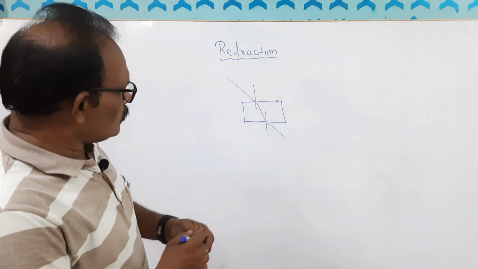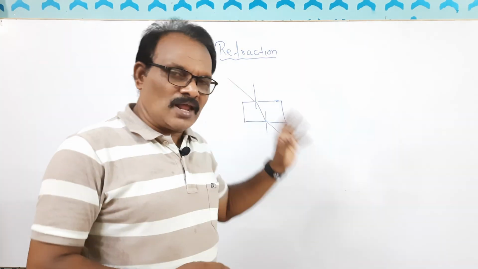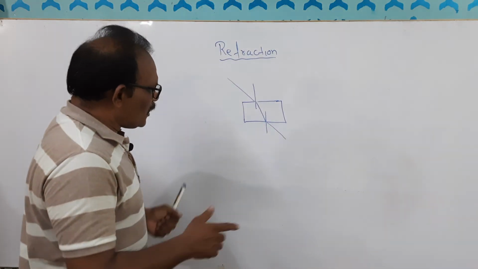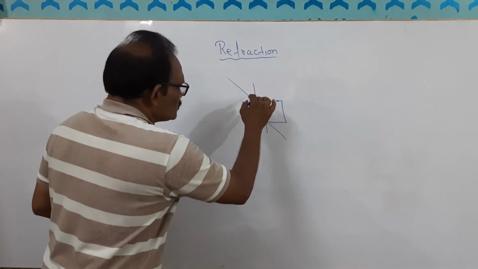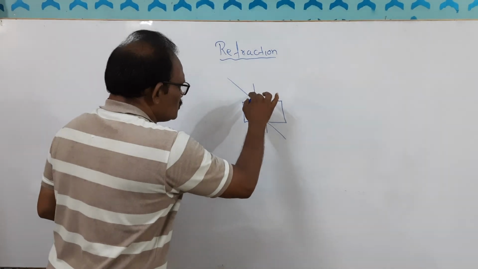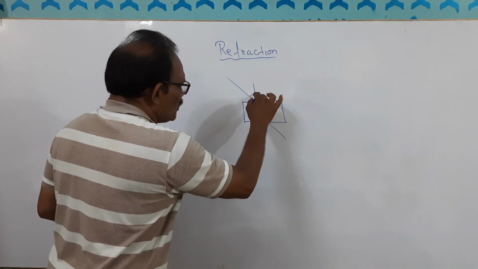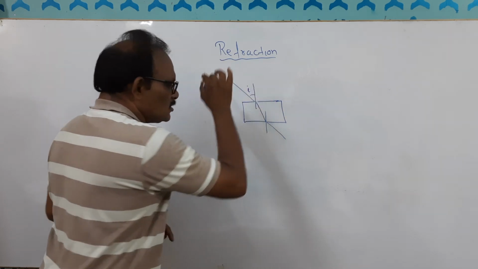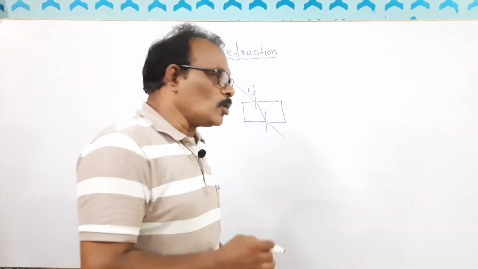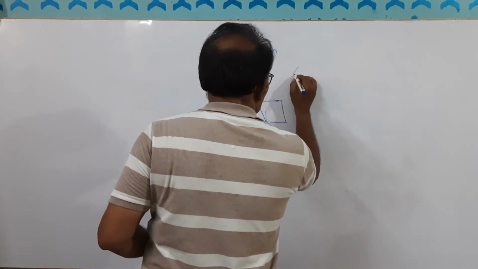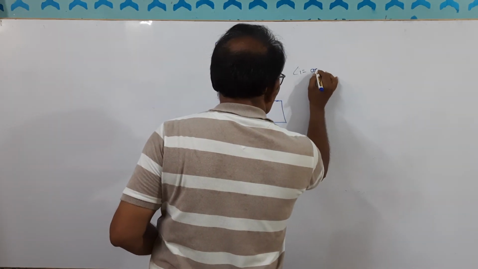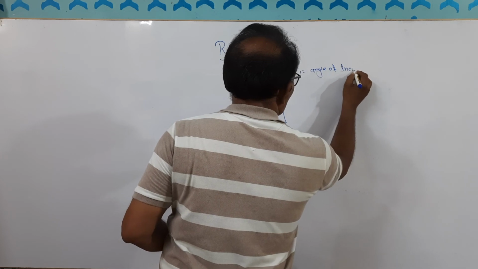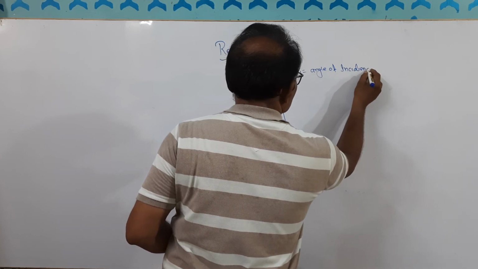Now this is the phenomenon we can see in the lab. Now what happened actually? Here this is the incident line. The angle formed from the normal is called the angle of incidence. I means angle of incidence.